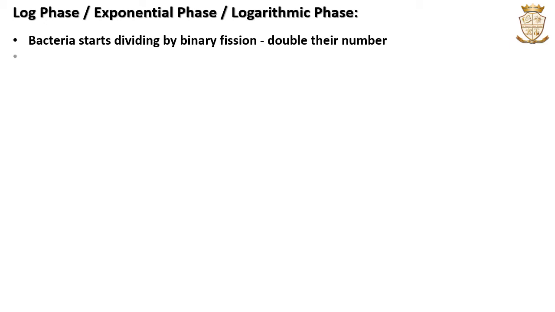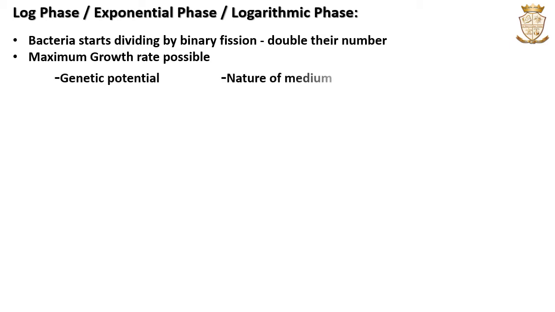This is the exponential or log phase, and during this phase the maximum growth rate of the population is achieved. The microorganisms are growing and dividing at the maximum growth rate possible. And the maximum growth rate depends upon their genetic potential, nature of medium, and also on the growth conditions in which they are growing.